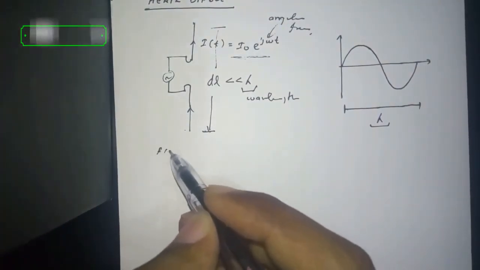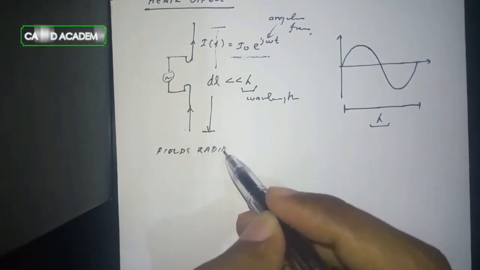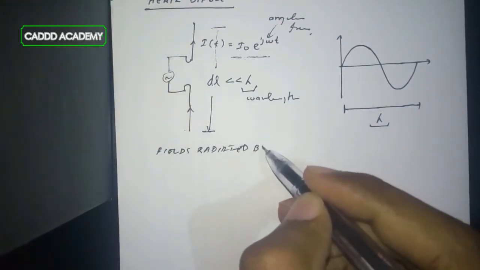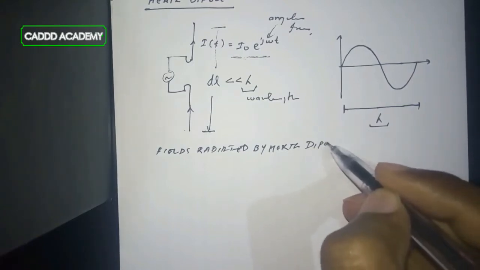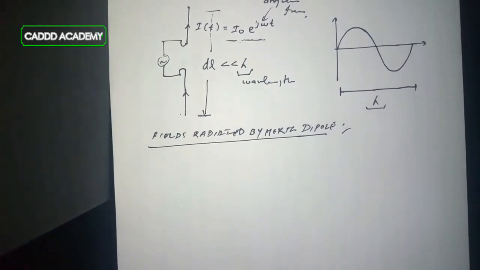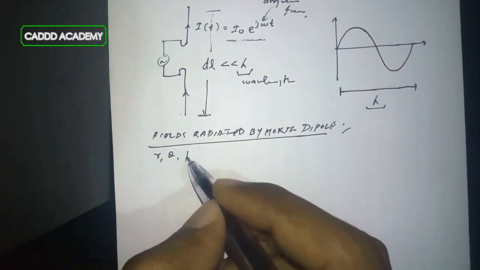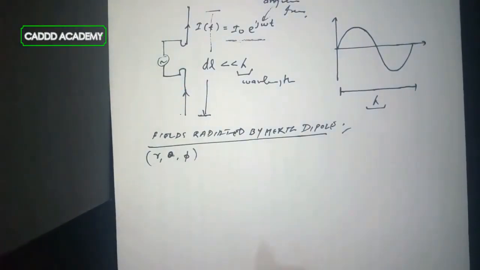Fields radiated by the Hertz dipole. As we know, radiation is always studied in the spherical coordinate system, which is r, theta and phi.